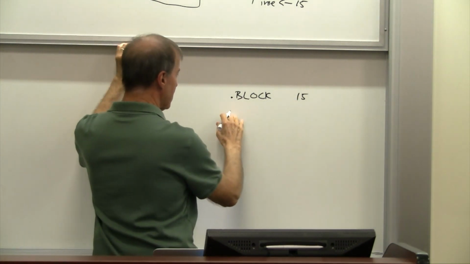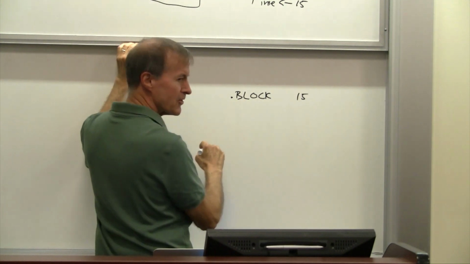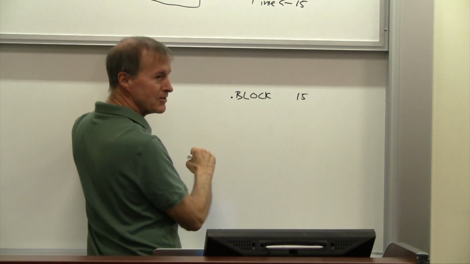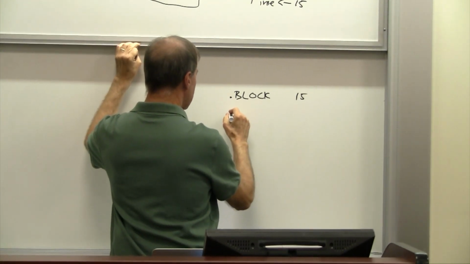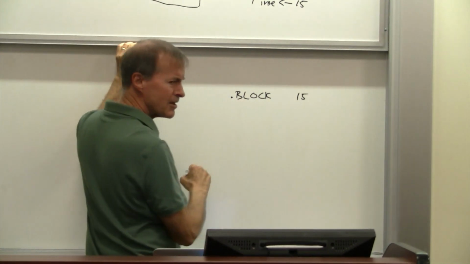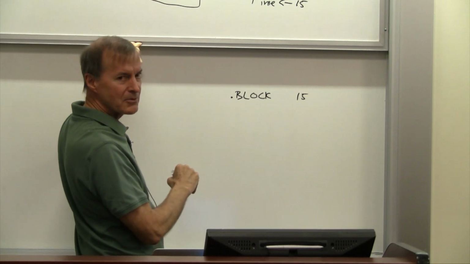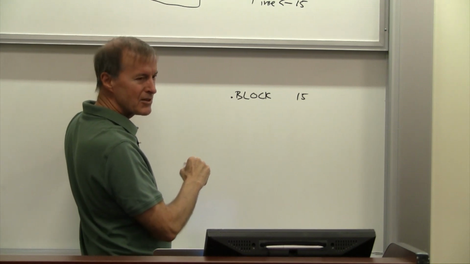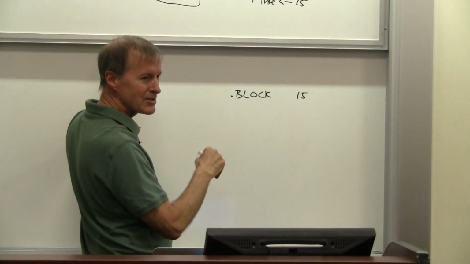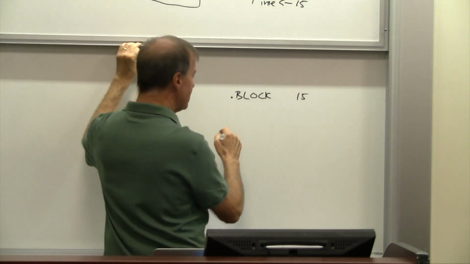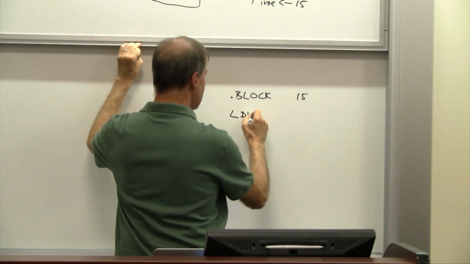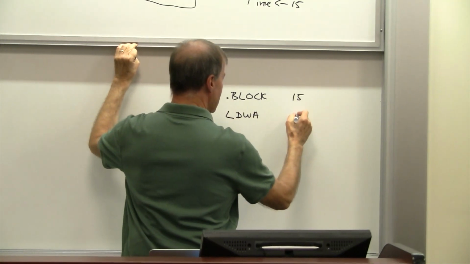And then what was another one that was not a dot command? Did we have to do dot equate? No, I don't think we had to do dot equate. But what was another one, not a dot command? Did we have a load and store? Do we have a load word accumulator? So LDWA, load word accumulator, and it could be like this.